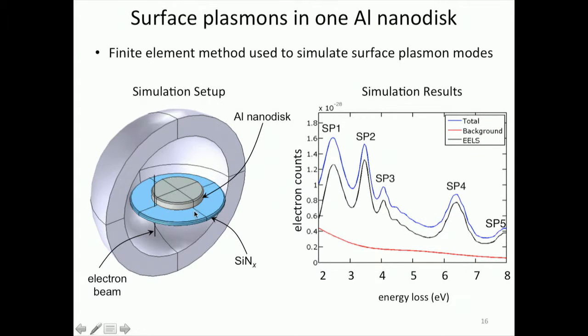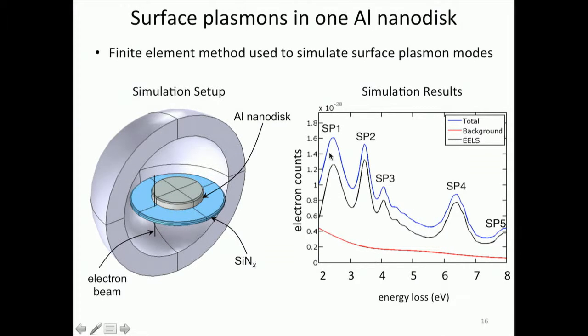And here is aluminum oxide, 2.6 nanometers thick. Then we can simulate the loss in the substrate, the loss only in the aluminum disk, and the total loss.